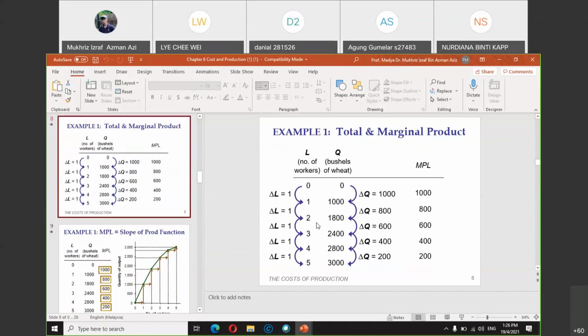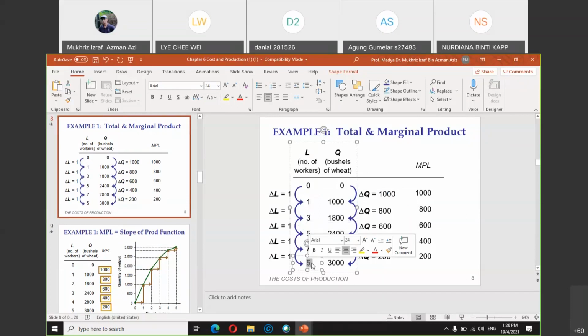If I were to change this value, not 1, 2, 3, let's say 1, and this becomes 3, this becomes 5, this becomes 7, and this becomes 9, for example. What would be the MPL? This first one should be correct: 1000 minus 0, 1000, divided by 1 minus 0, you get 1000.